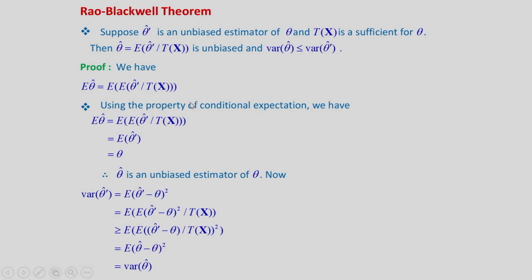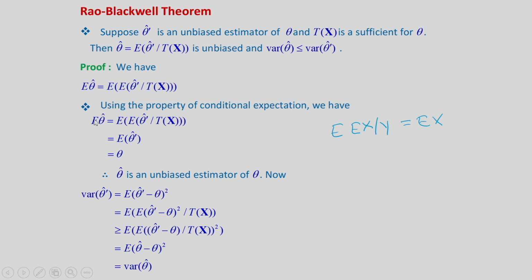Now, using the property of conditional expectation, E of x given y is a random variable in terms of y, and if we take the expectation of this conditional expectation, then we will get E of x.